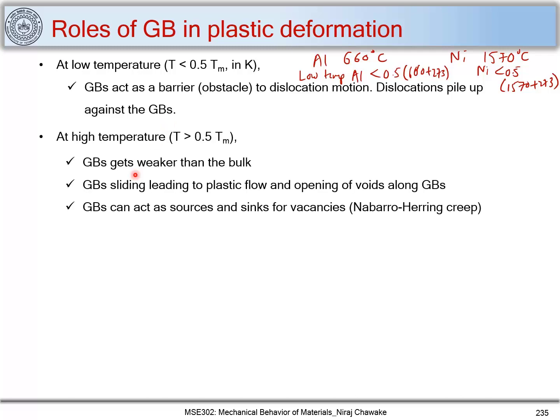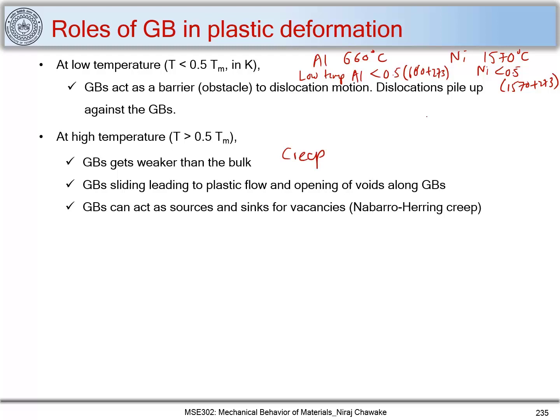And at high temperature, grain boundaries get weaker than the bulk. There can be grain boundary sliding leading to plastic flow, and opening of voids along grain boundaries. Grain boundaries can act as a source and sink for vacancies, that is Nabarro creep. We'll be discussing all these points when we talk about creep.